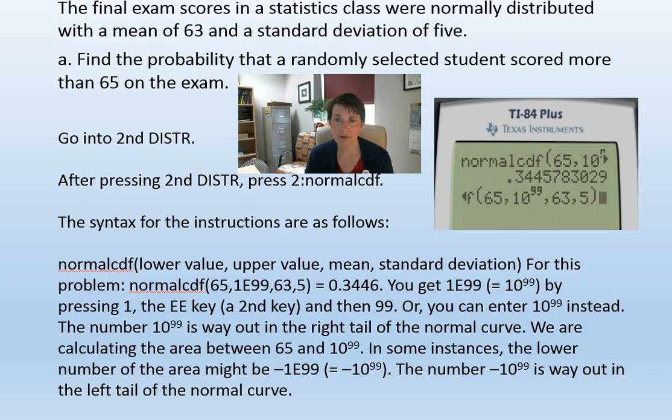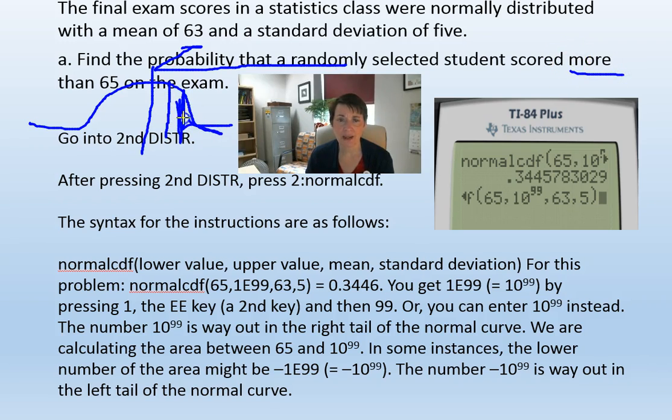I'm just going to draw a curve. Okay, here's my curve, and the mean is 63, right here. So 65 is in this area. It's larger than the mean. I'm asking for the probability that a randomly selected student scored more than 65, so that's going to be this area from here all the way out.